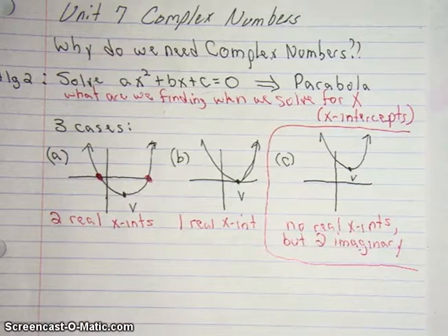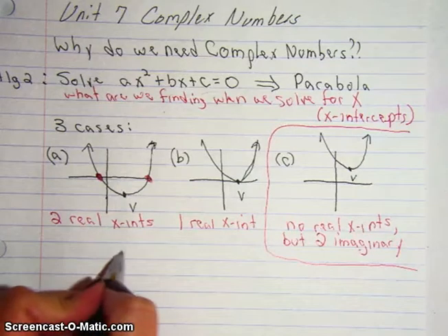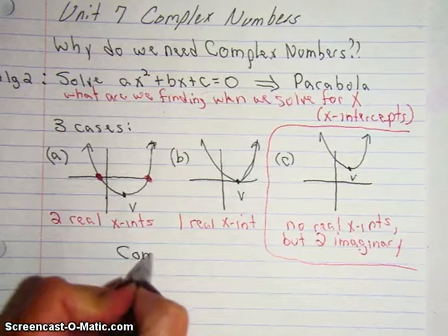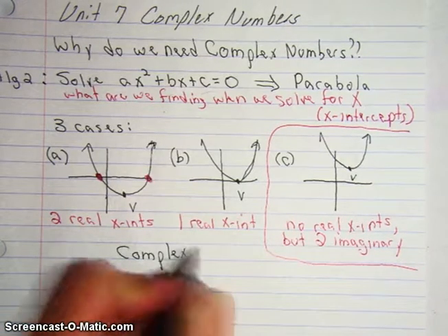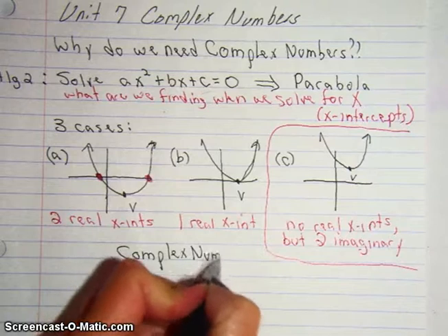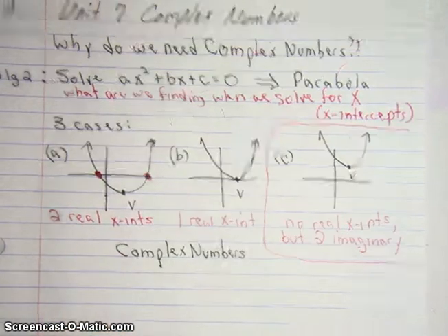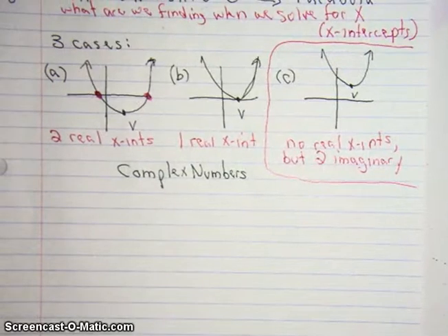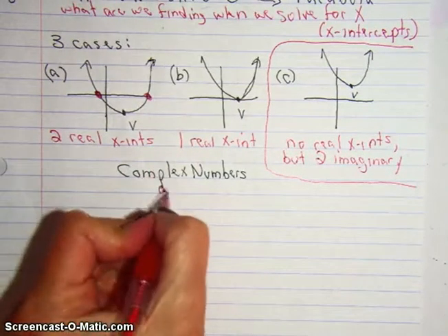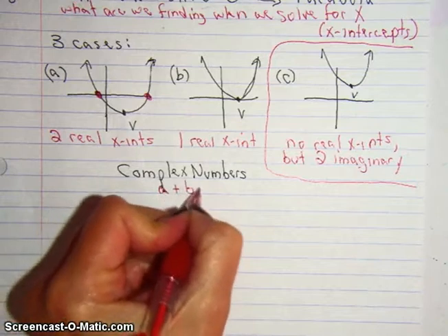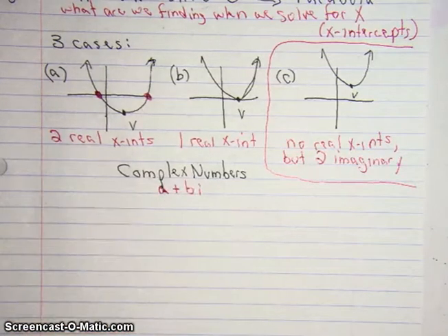Okay, so far? I'm going to give you a little hierarchy of complex numbers. Every number that you've ever known is a complex number. Complex numbers are written in the form a plus bi. Does that sound familiar at all? No? From Algebra 2?